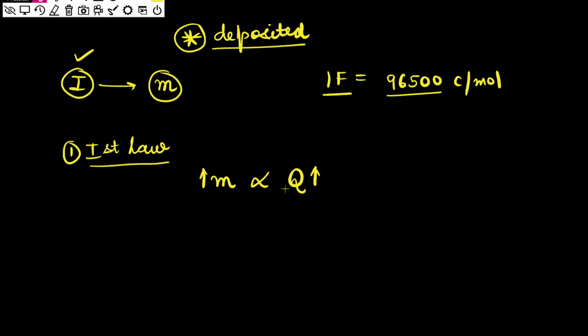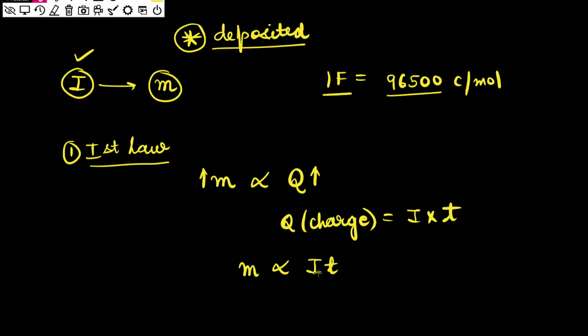We also know that Q, here Q refers to charge, is equal to I multiplied by T. So we can also say that mass is directly proportional to IT, because we are replacing Q with IT.